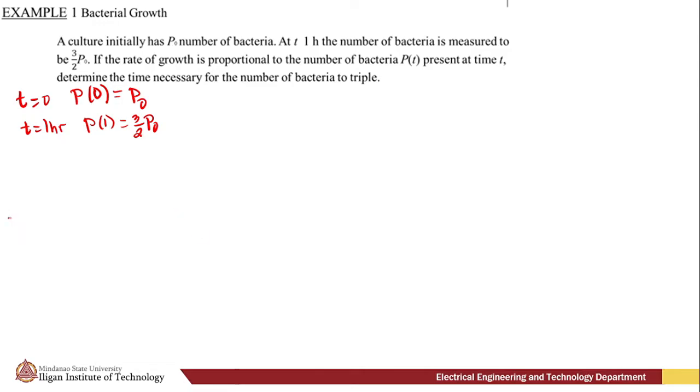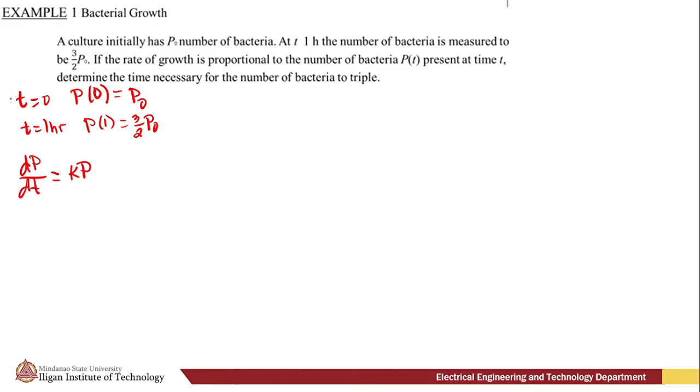So applying our differential model, we have dP over dt equals kP. We change the variable x with P since we are dealing with the population of bacteria.